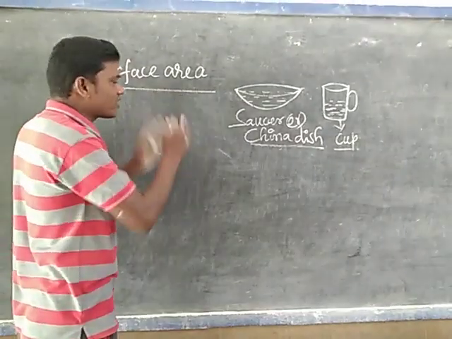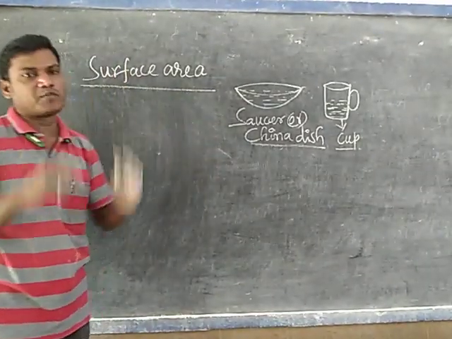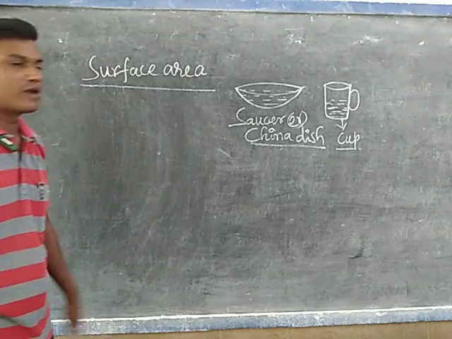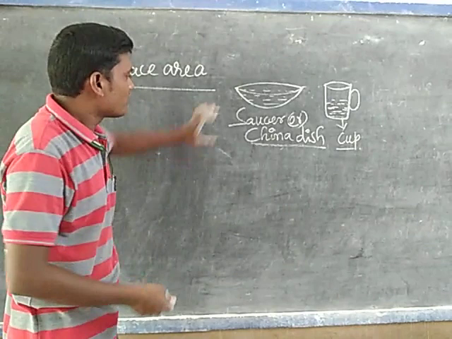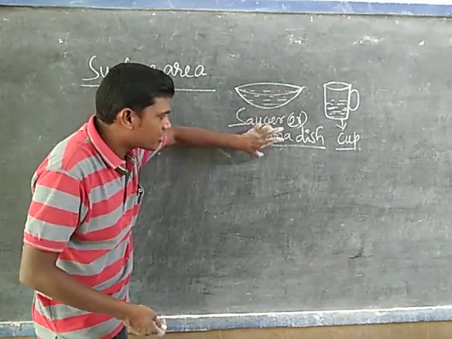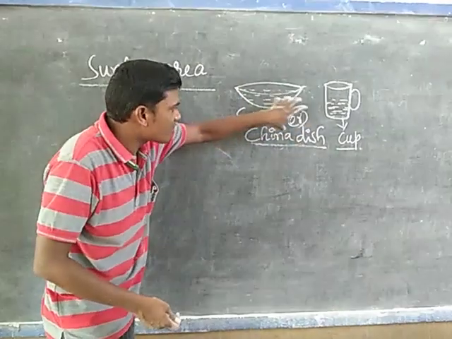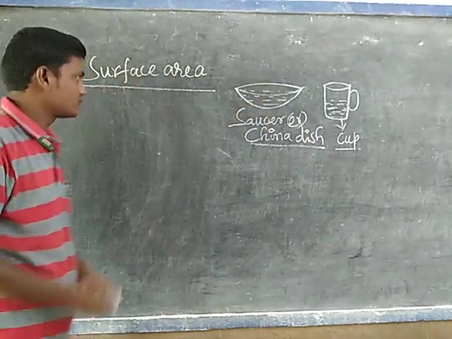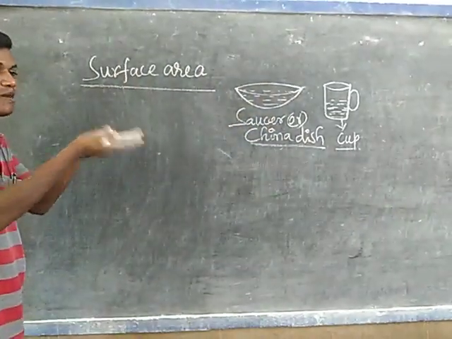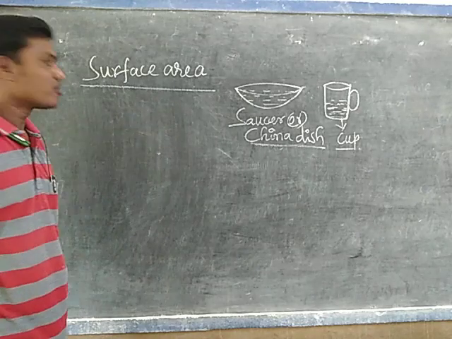Okay, now both are kept on a table in a room or in an open place, whatever that may be. Mostly we consider a room. So first of all, we take a saucer or china dish and a cup, both filled with the same nature of liquid in the same quantity. Now both are placed on a table in a room.